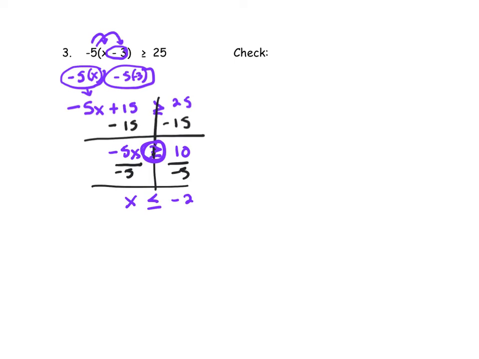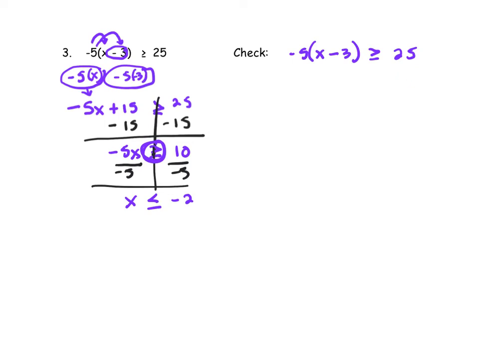So our original inequality says that -5 is multiplying this quantity, x minus 3, and that left side should be greater than or equal to 25. Notice when I do this, I'm using the original inequality sign. I choose the number that I'm going to use to check based on the switched inequality sign, but when I check, I use the original inequality that they gave me.